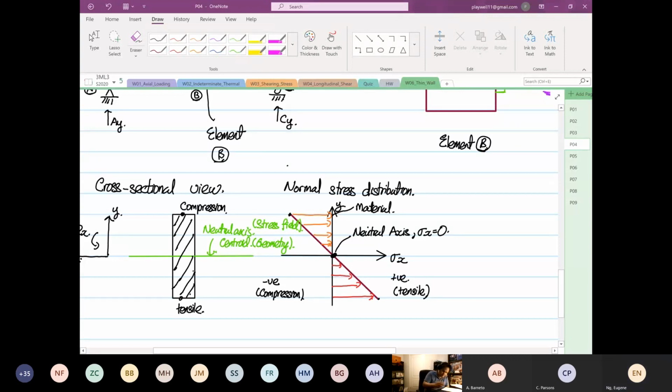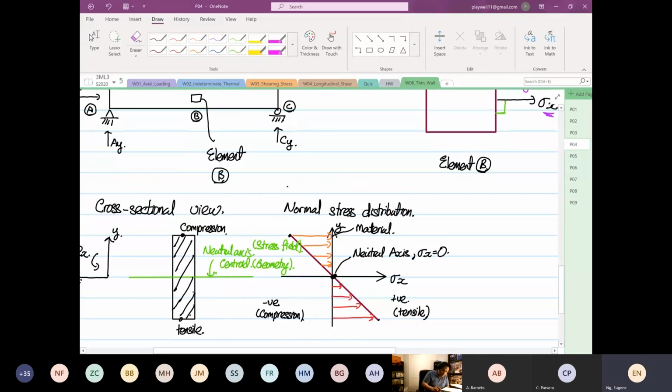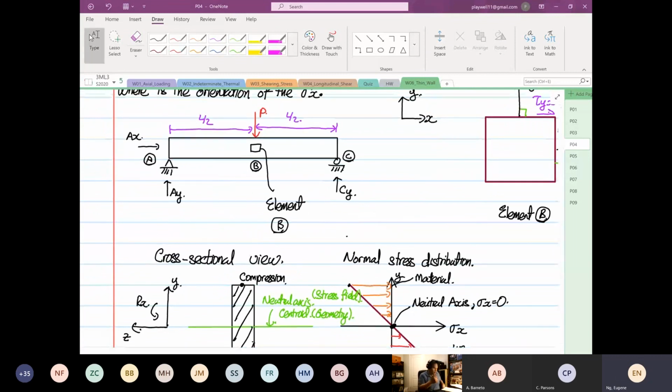Now, by looking at this structure, right, we all know that the structure will fail at point B. Okay. So I'm going to prove to you, or I try to highlight to you why this is so. Okay.